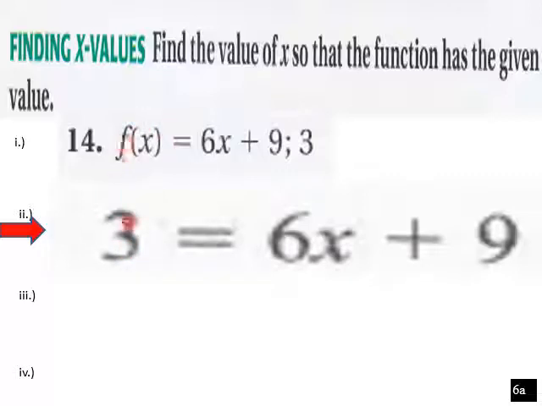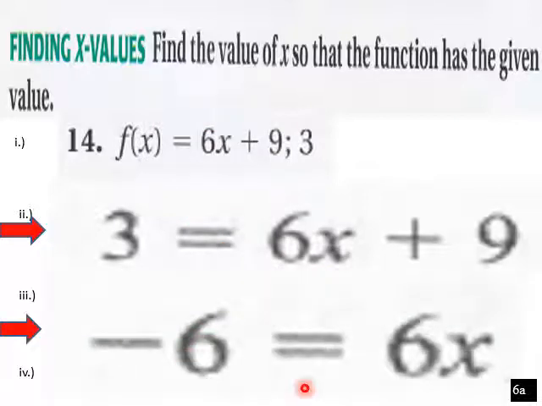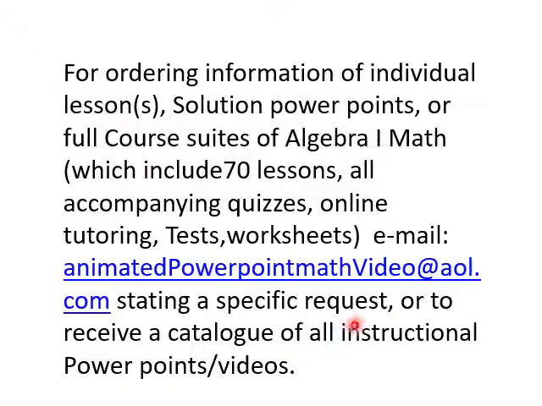So we put 3 where f of x is. 3 equals this. So we solve for x, and then we move this over here, negative 9, and divide by 6, and then x equals negative 1. Okay, so that's part 1.